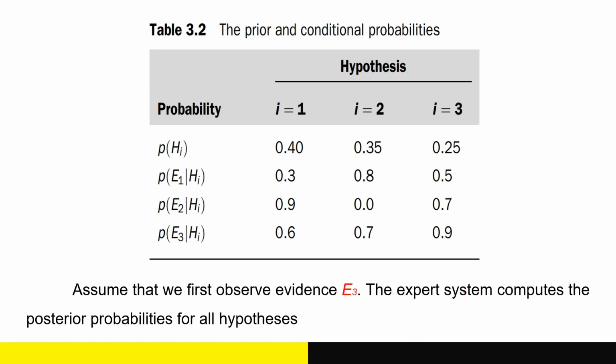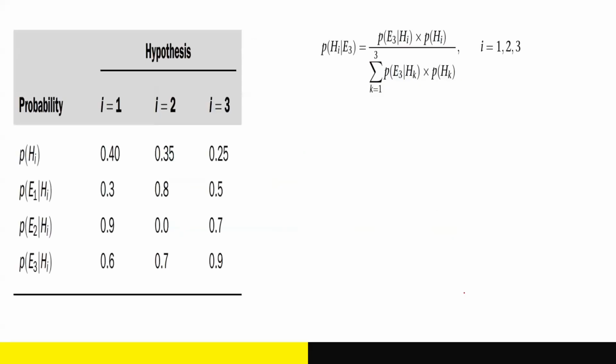So we will assume that we first observe evidence E3. The expert system computes the posterior probabilities for all hypotheses. So we will compute for the first evidence, using the formula for a single evidence with multiple hypotheses.